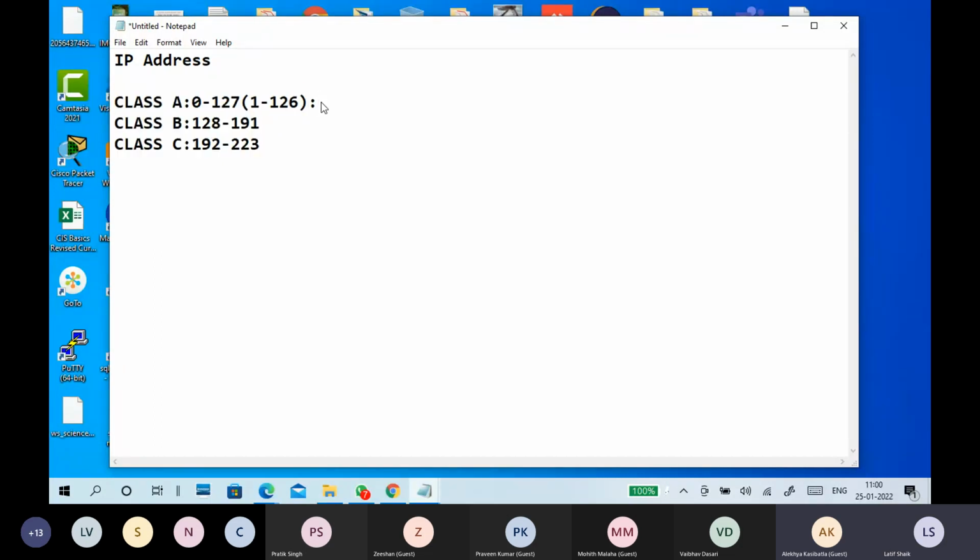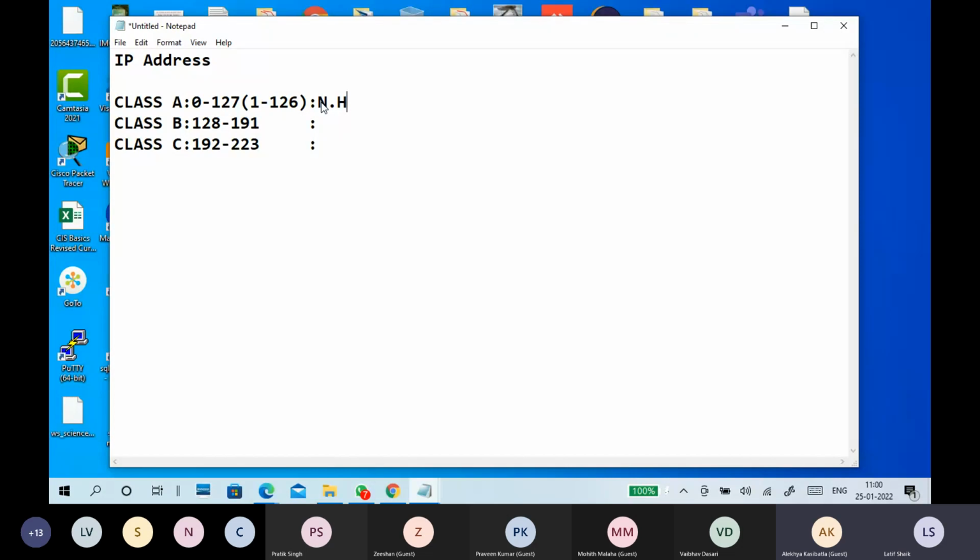Class A, class B, or class C will be recognized by the first octet of the IP address, the first octet of the IP address range only.